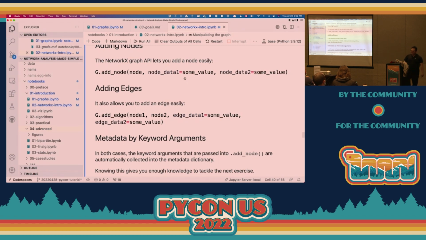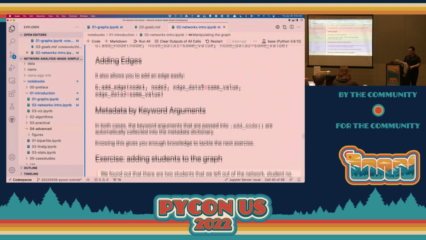So take a lesson. If it happens to you, just know that more experienced people have also suffered the same fate. As we'll see later on, there are ways to load tables, like pandas DataFrames, into a graph. That provides a nice structured way of avoiding a lot of typographical errors that might show up. So that's an alternative you could think about.